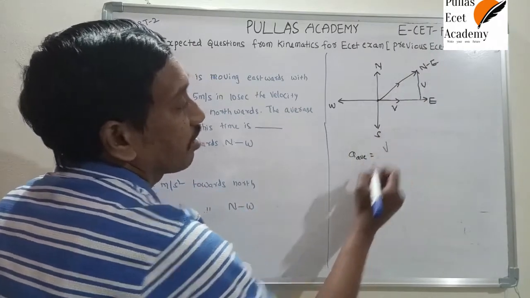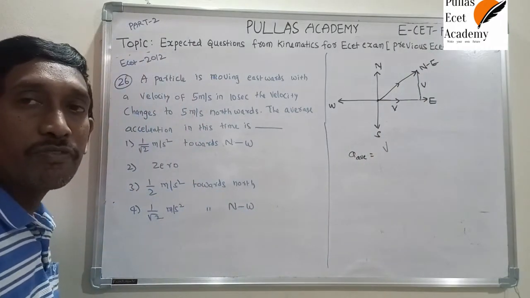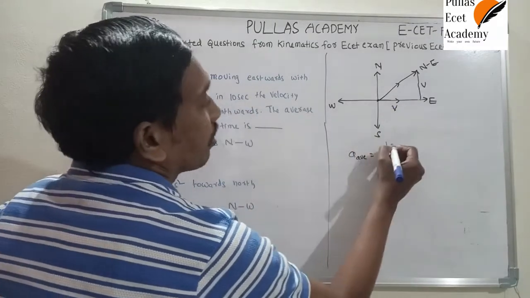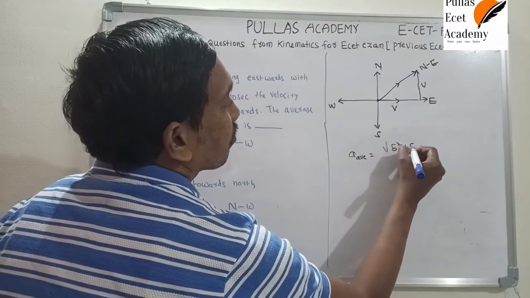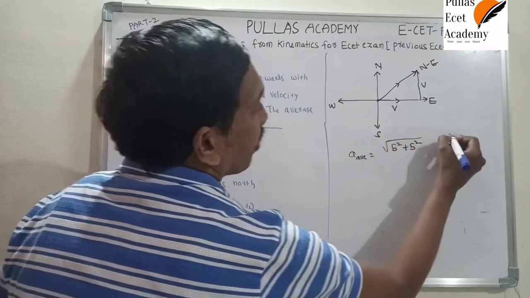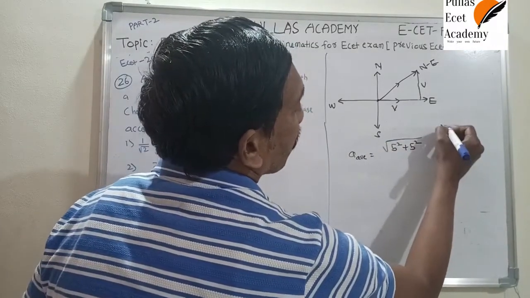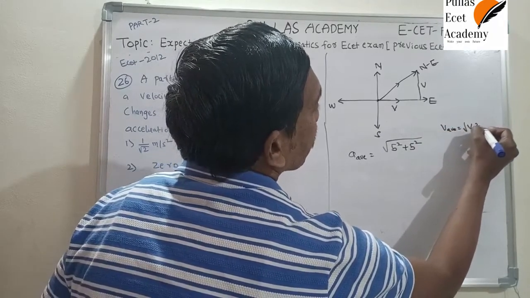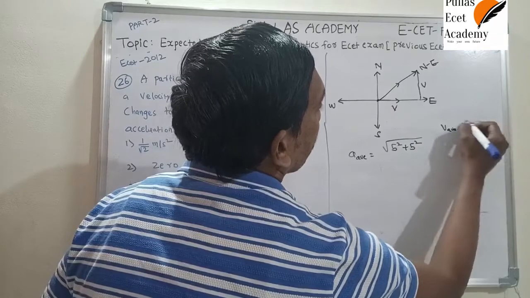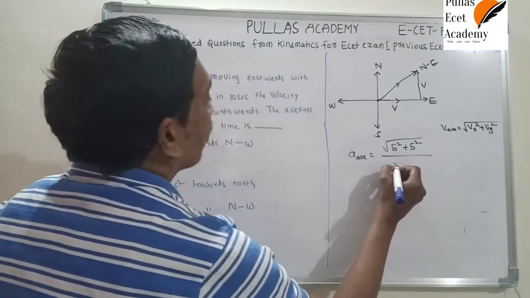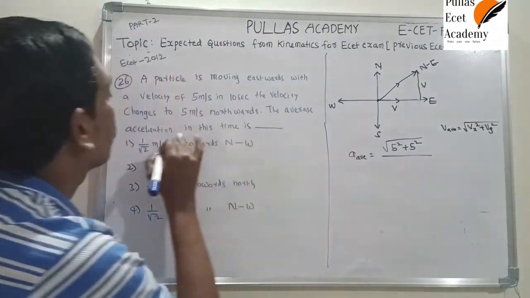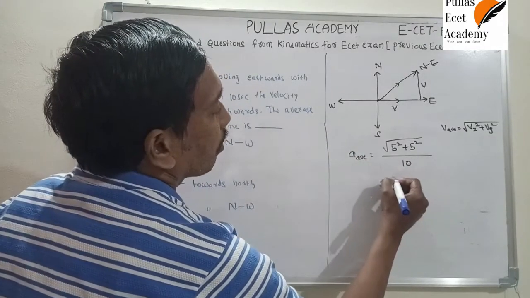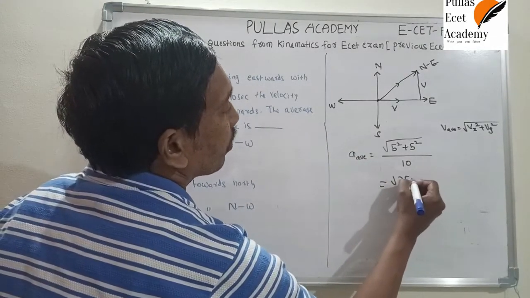That's why its resultant vector is under root of vx square plus vy square. Vx is given as 5, so 5 square plus 5 square. The actual formula, based on the parallelogram law of vectors, is under root of vx square plus vy square divided by the time taken, which is given in the question as 10 seconds. That is under root of 25 plus 25.